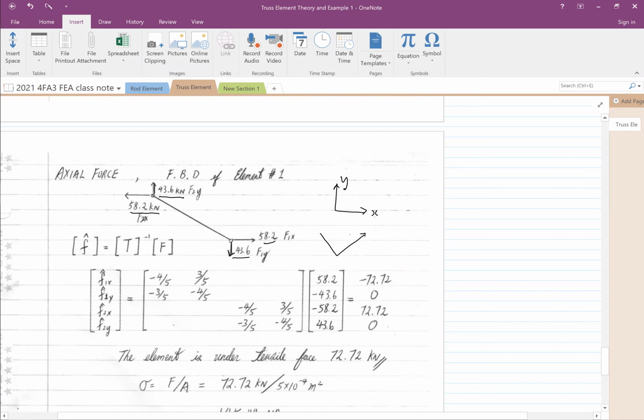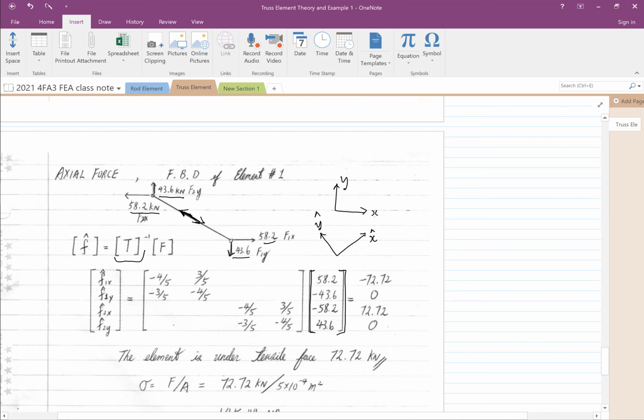This is with the head. I want the stress along the elements. So I have all the information without a head, and we use the T inverse matrix.